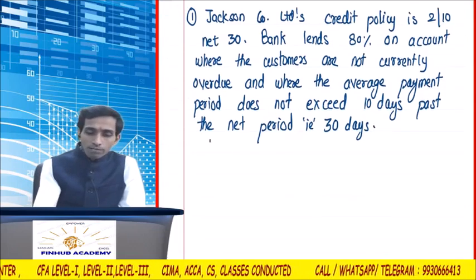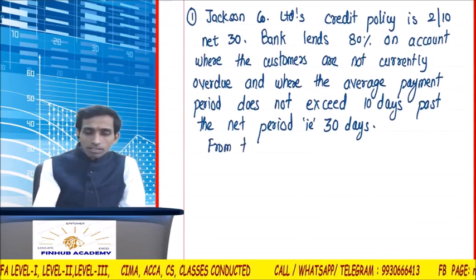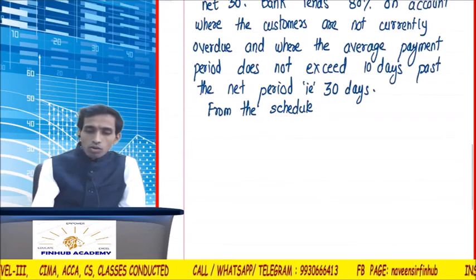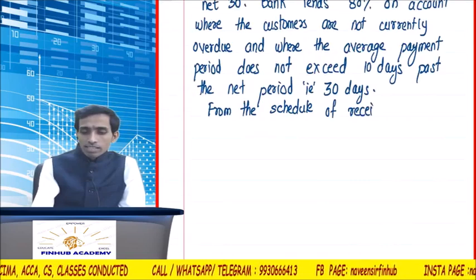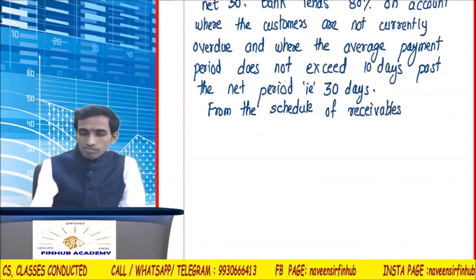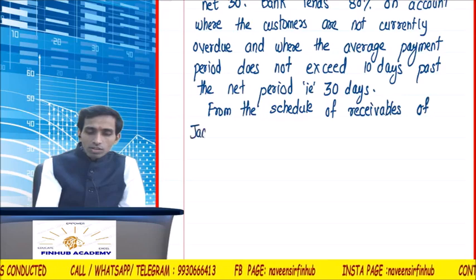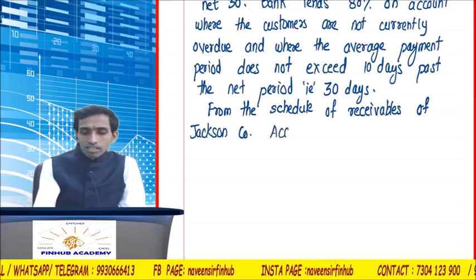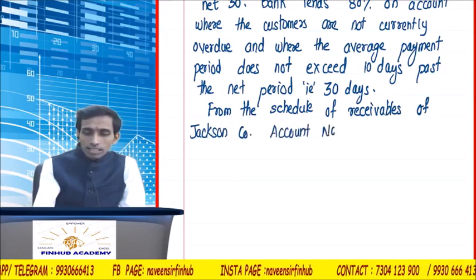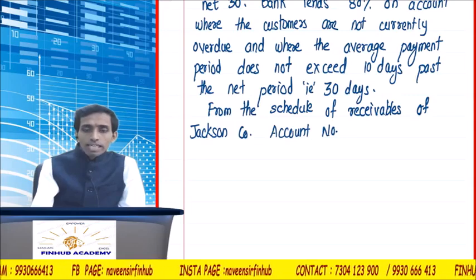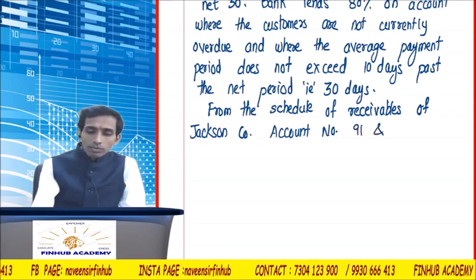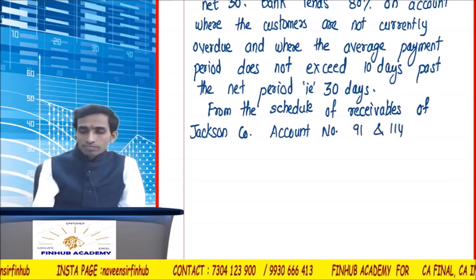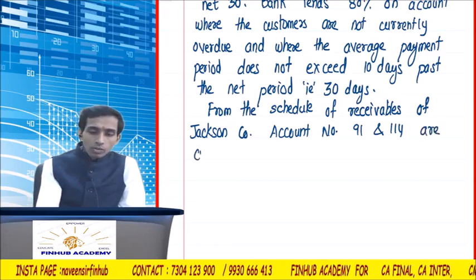Para change. From the schedule of receivables of Jackson Company, account numbers 91 and 114 are currently overdue.